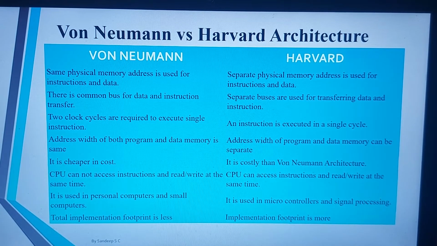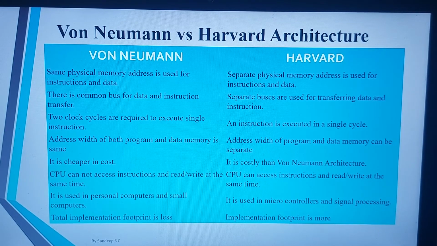Again, in von Neumann, there is a common bus for data and instruction to transfer from memory to the CPU. Whereas in case of Harvard, we have a separate address and data bus to access respective information. We have a separate address bus and data bus for the instructions, and a separate address bus and data bus for the data memory.